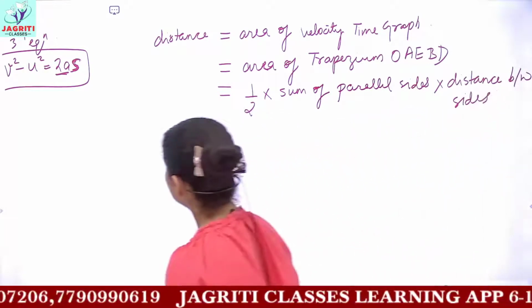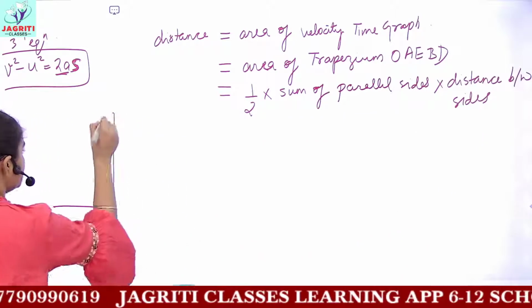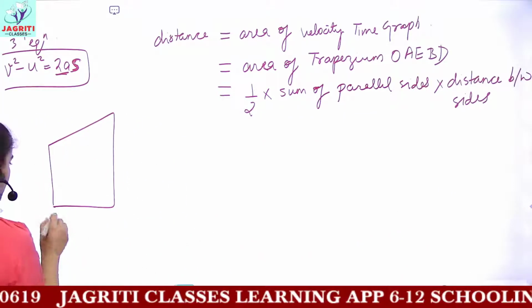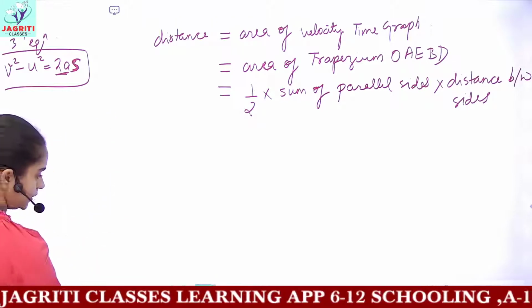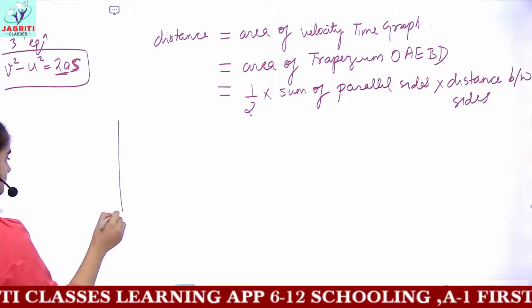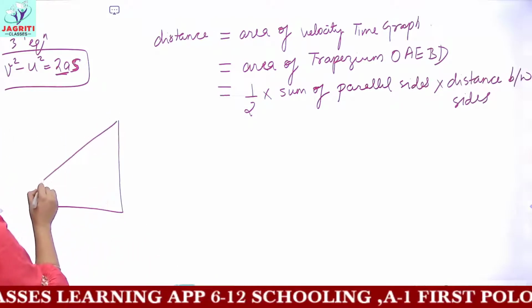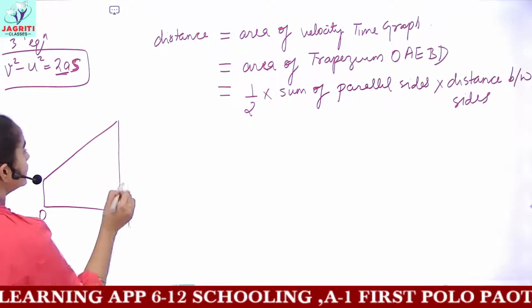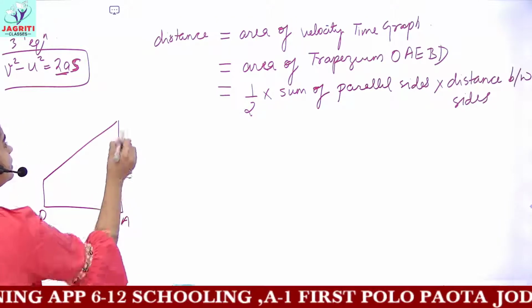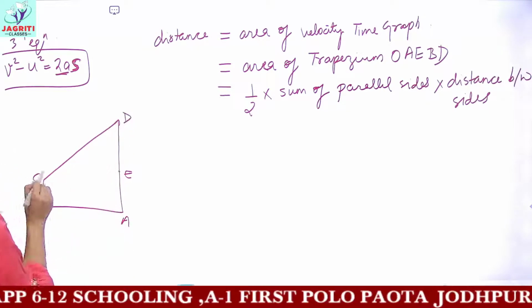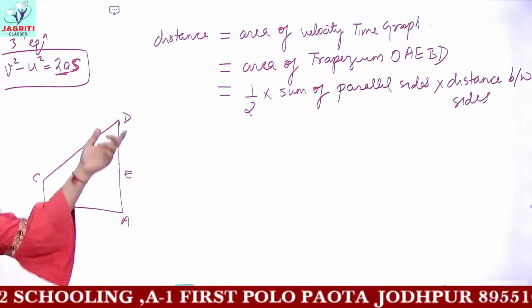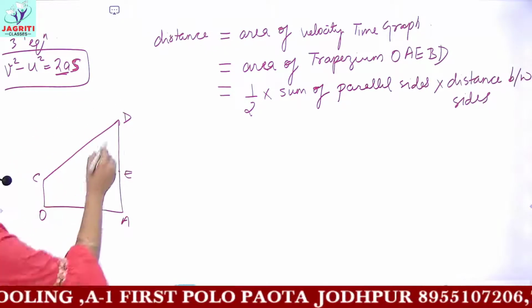If I draw a rough sketch again of the trapezium, not this sort of trapezium, you have a shape of this kind. E we do not require to write. This is the trapezium EBD actually.